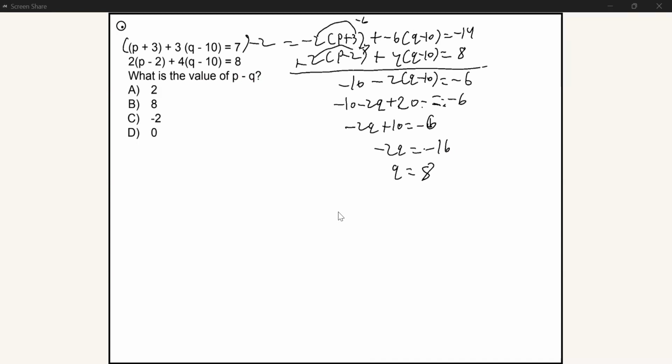But it's asking for P minus Q. So we have Q is 8. Now let's plug that in to the second equation. Oh, let's do the first equation because that just is P plus 3. So we'll do P, so that will become -2.